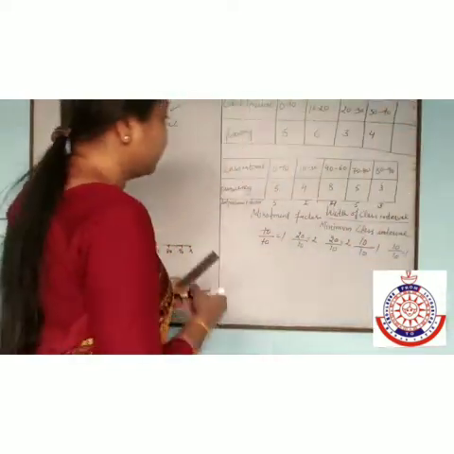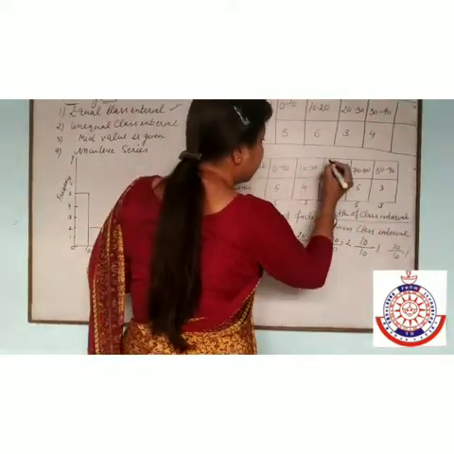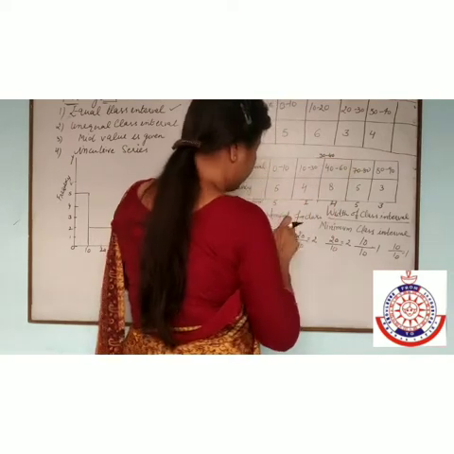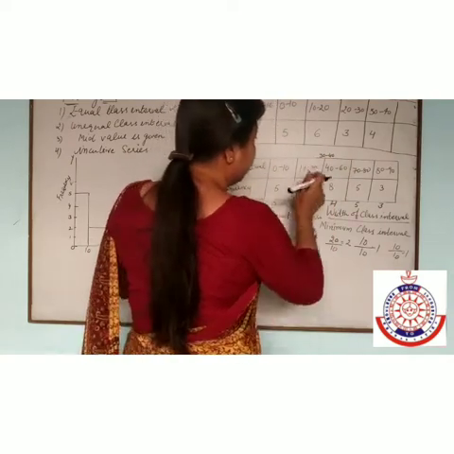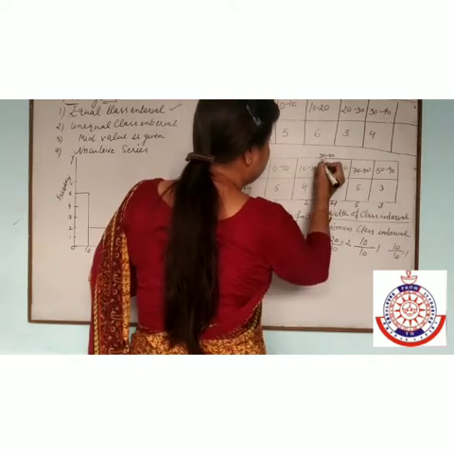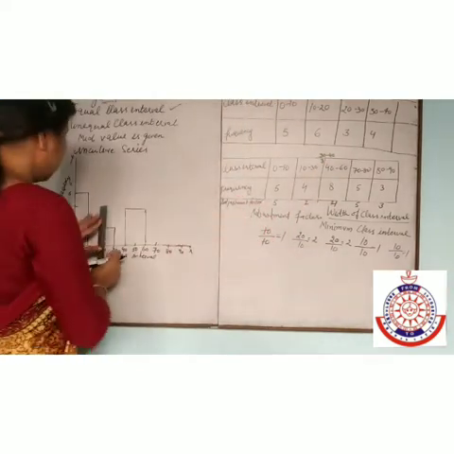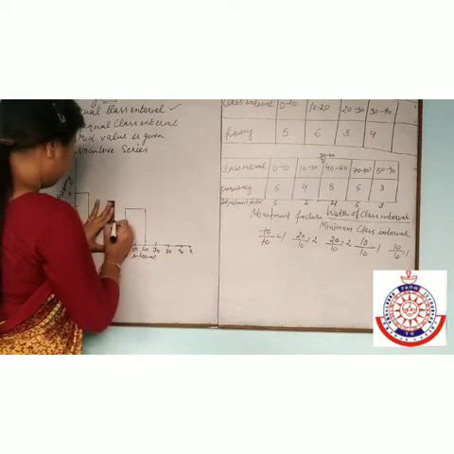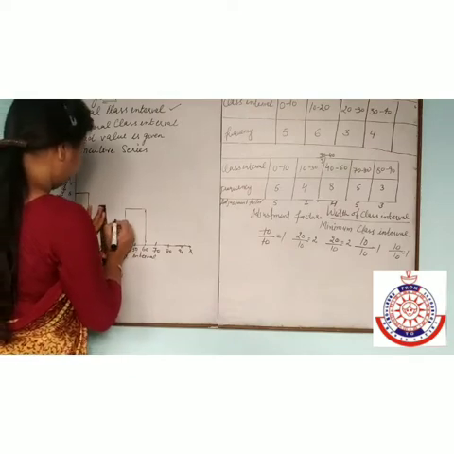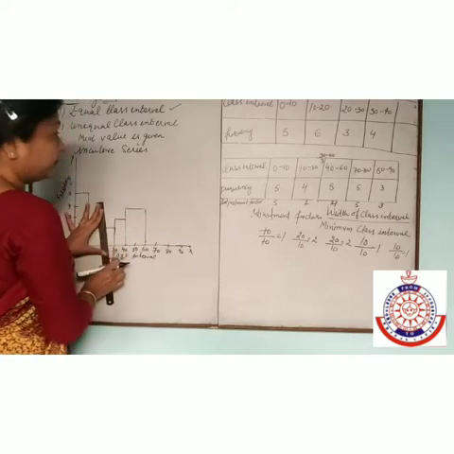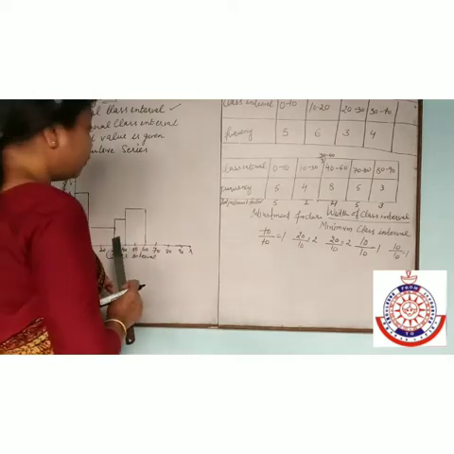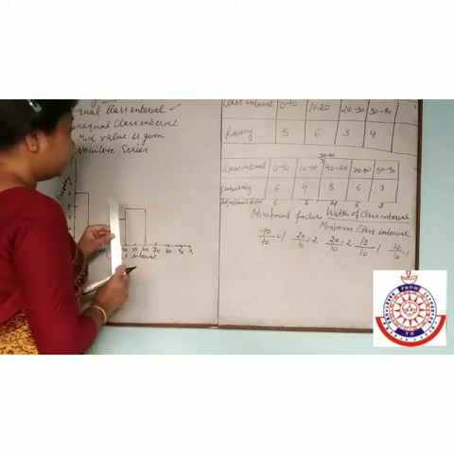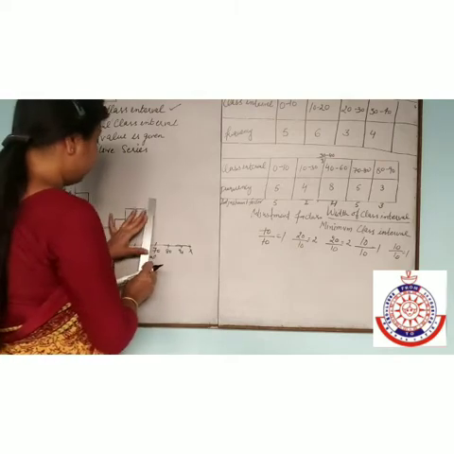Also required here is 30 to 40. That 30 to 40 is equal to 3, so we will take 30 to 40 also. After that, 70 to 80 is 5.